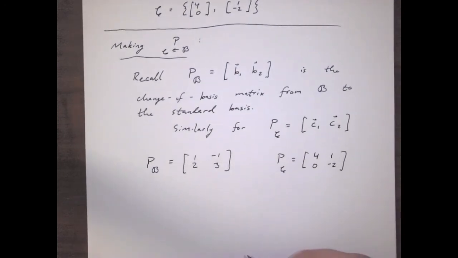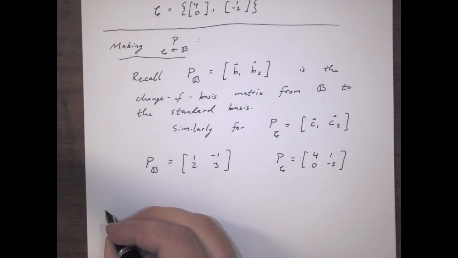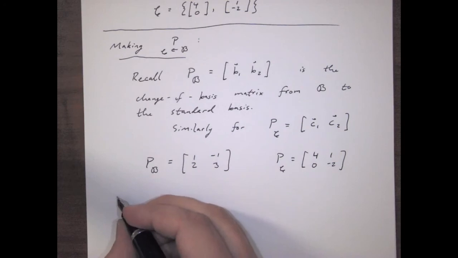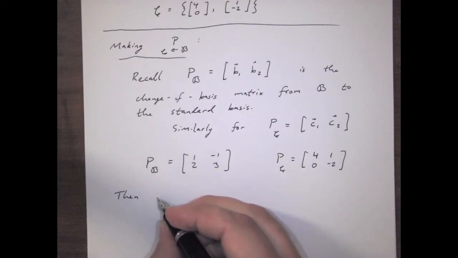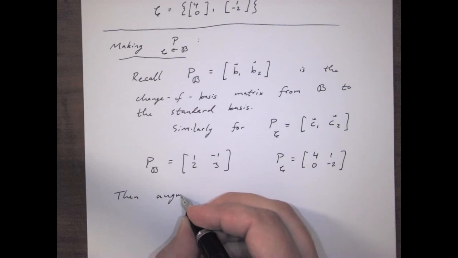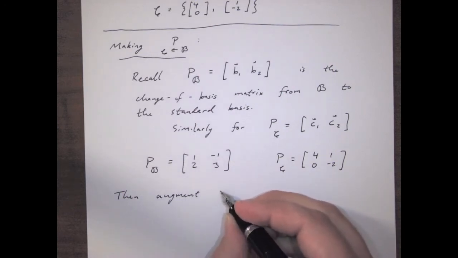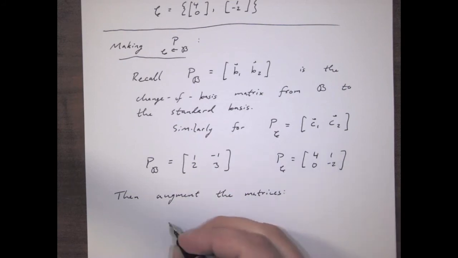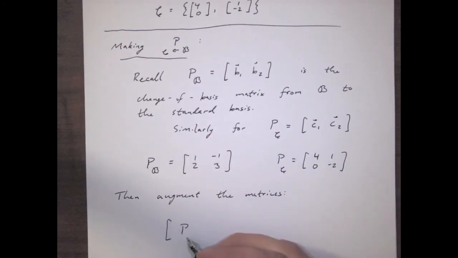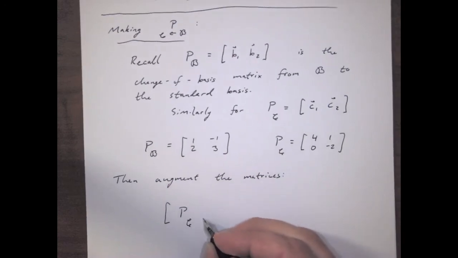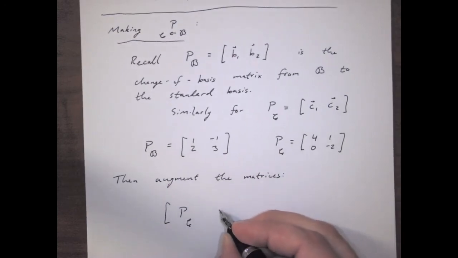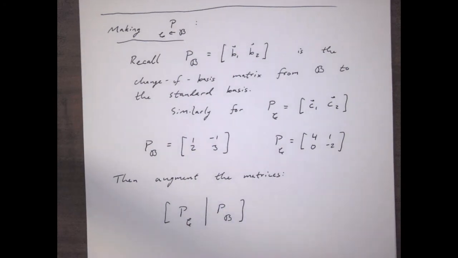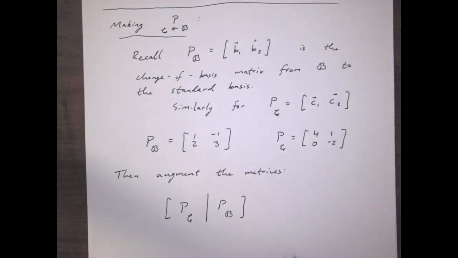Now to make the P from B to C, we actually want to augment one matrix with another. So augment the matrices to make P sub C on the left and P sub B on the right, with the bar or not, and row reduce.